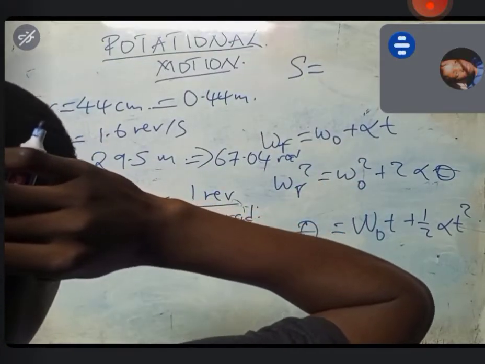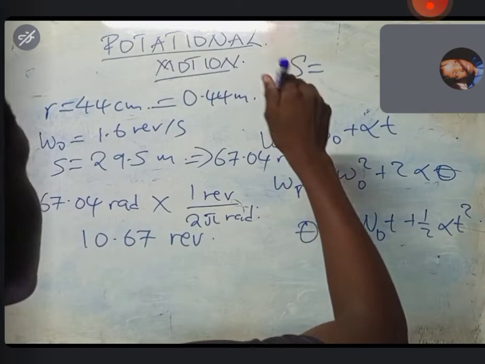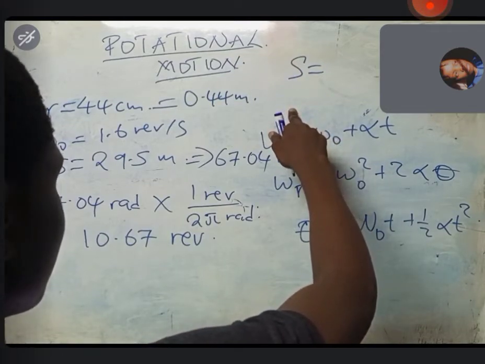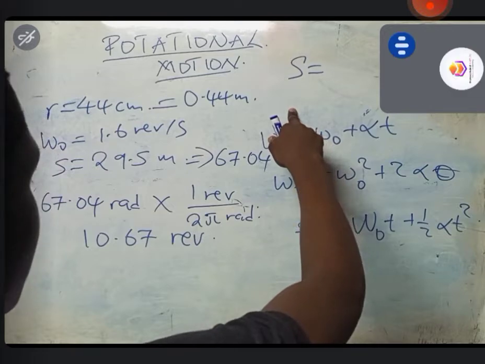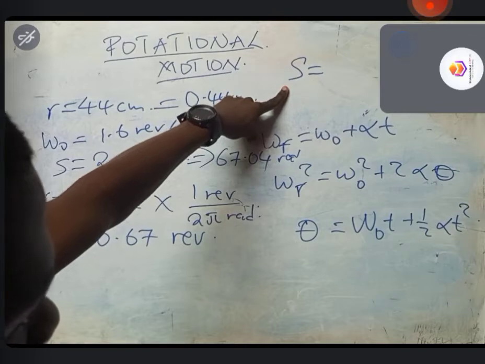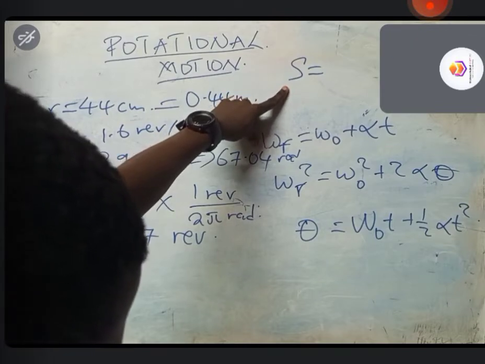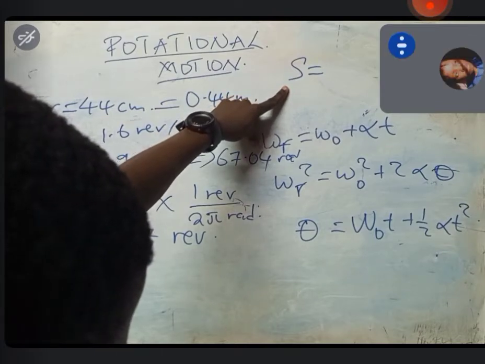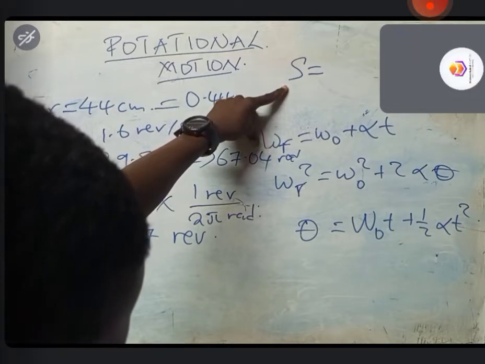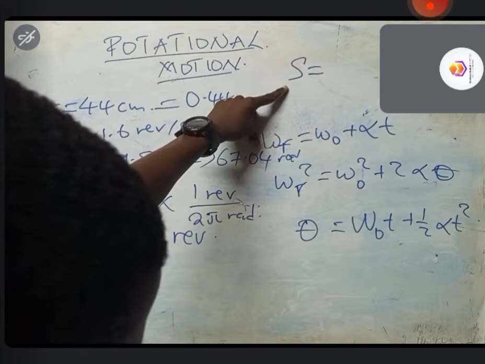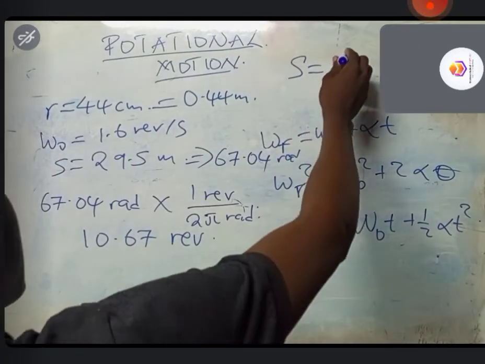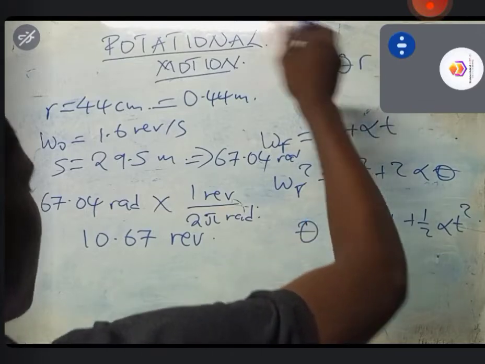S is equal to the angular displacement times the radius. Think of s. What does s represent? It represents the meters, the length, the displacement. On the other side it is the angular displacement, multiplied by the radius, right?